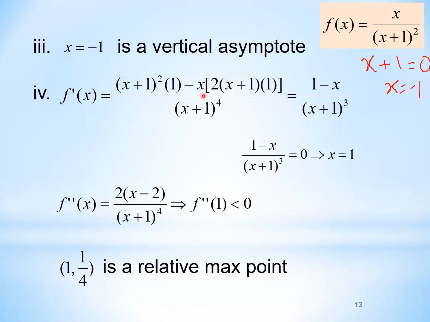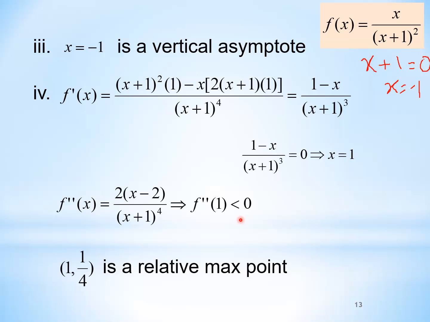The formula in chapter 3, differentiation. So you get x equal to 0 and x equal to 1 over here. You have 2 points. Then you're going to differentiate it again to find the inflection point.